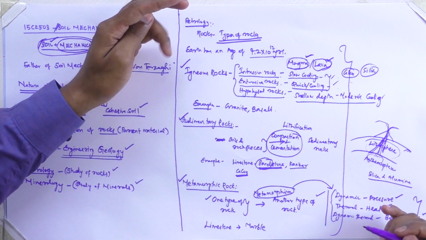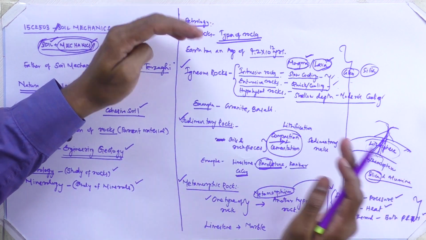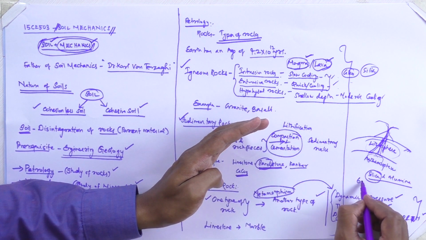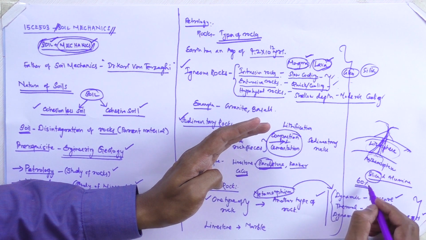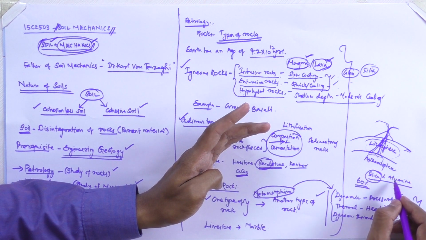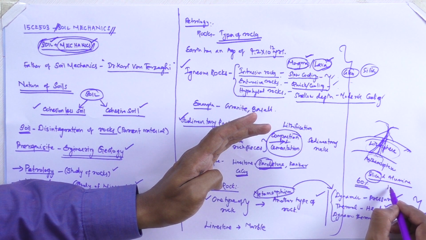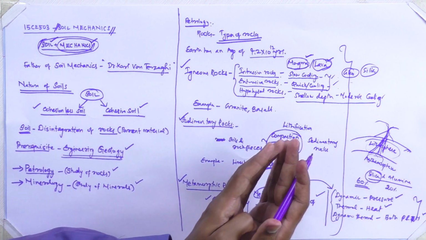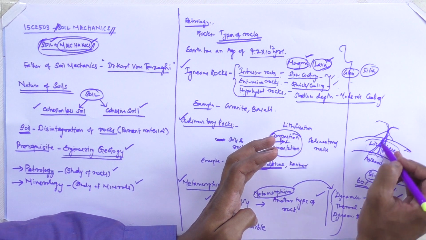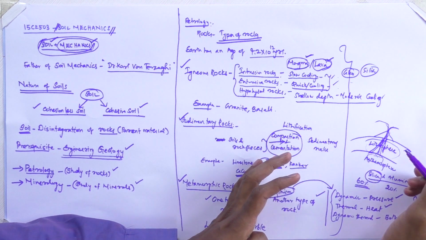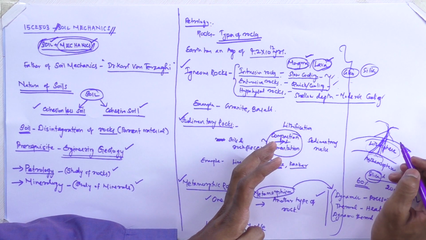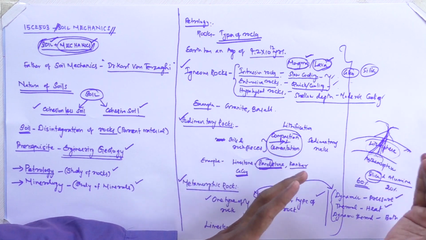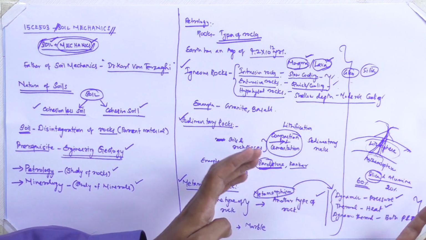As far as the earth is concerned, silica is playing a major role. Silica is about 60% present in our earth. Alumina will be around 20%. It varies. So these constituents and ingredients change, and we also have some other types of minerals and elements.